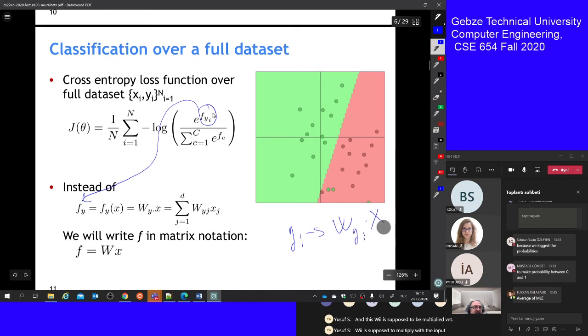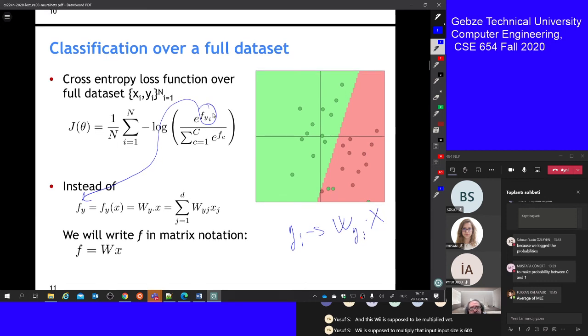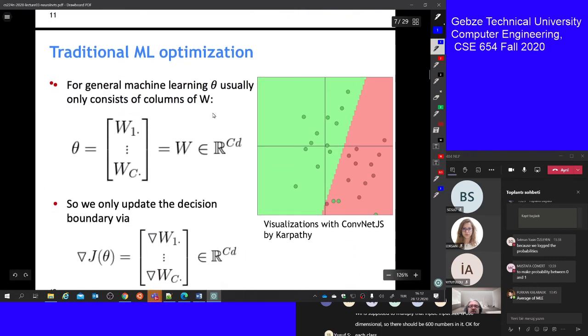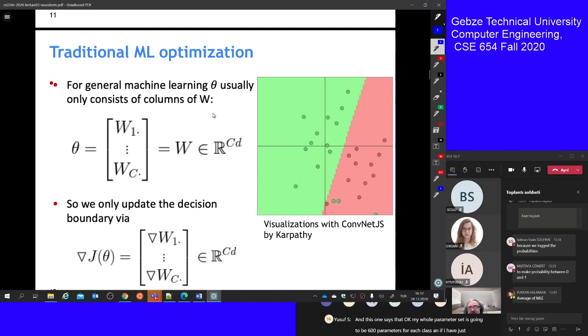Input size is 600 dimensional, so there should be 600 numbers in it for each class. My whole parameter set is going to be 600 parameters for each class. And if I have just 5 classes, 600 times 5 is going to be my parameter set. So W is a 600 times 5, 3000 dimensional vector, if you like.